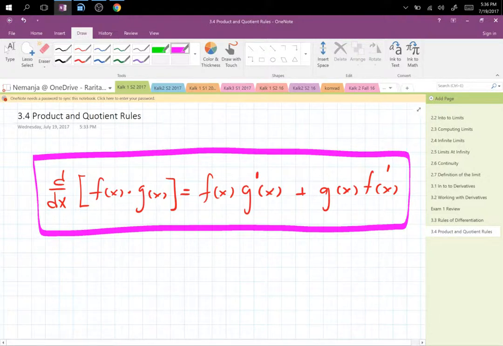So this is called the product rule. And anytime you see two functions multiplied, you have to use this formula because it is the only way to take the derivative.